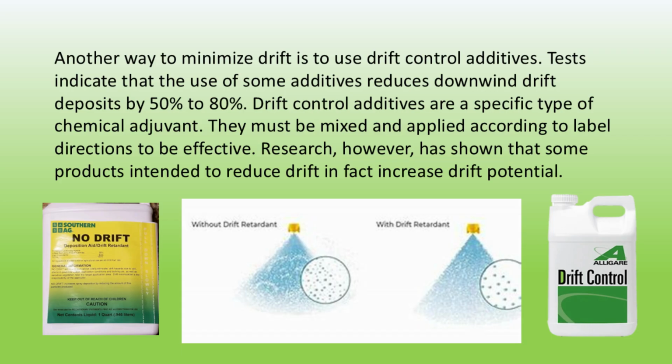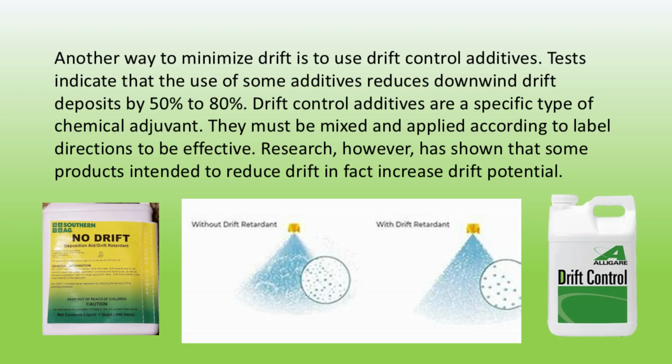Another way to minimize drift is to use drift control additives. Tests indicate that the use of some additives reduces downwind drift deposits by 50 to 80%. Drift control additives are a specific type of chemical adjuvant. They must be mixed and applied according to the label directions to be effective.